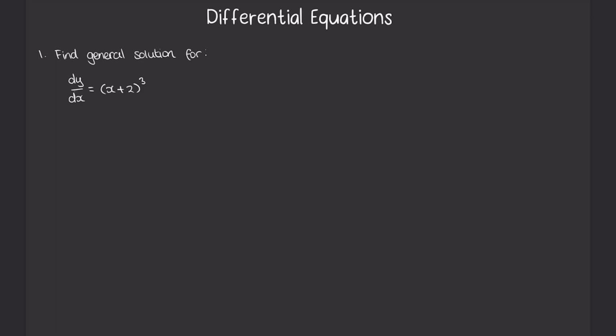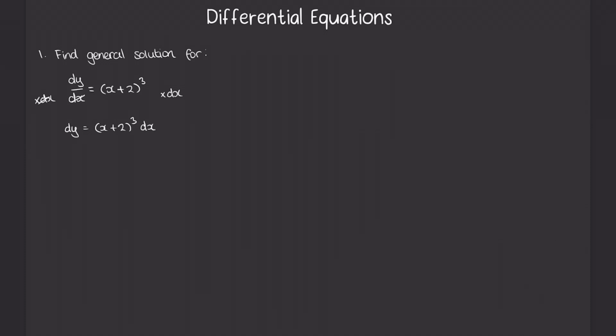You see this dx here? We can just times it on both sides. The dx and dx cancel out, and we're left with dy equals (x plus 2) cubed dx.